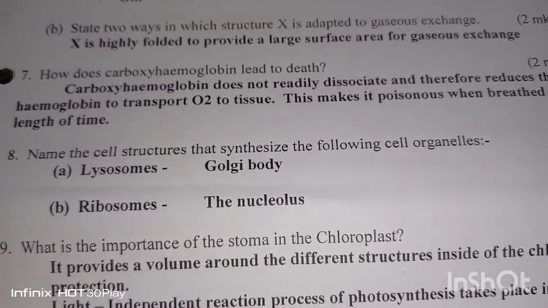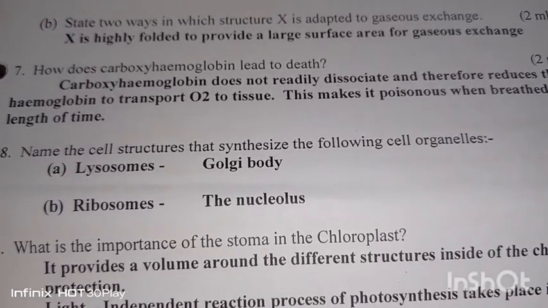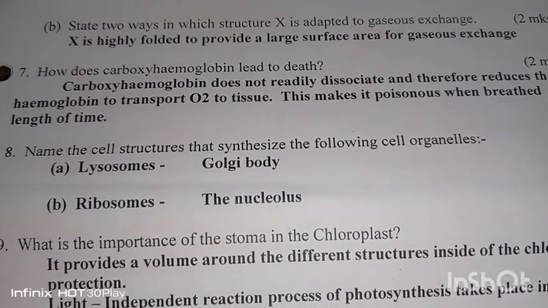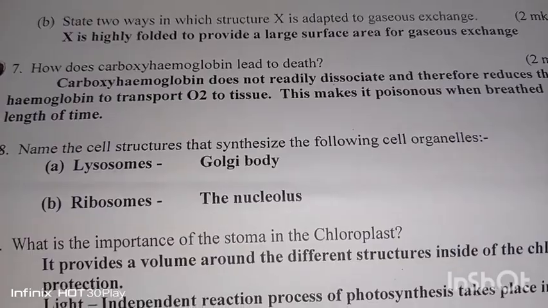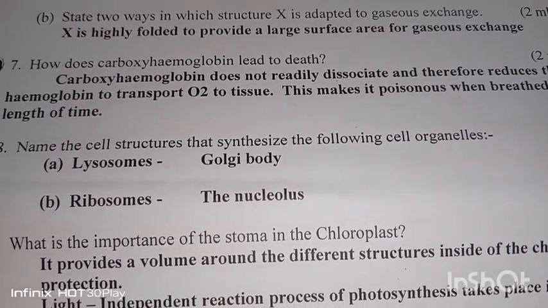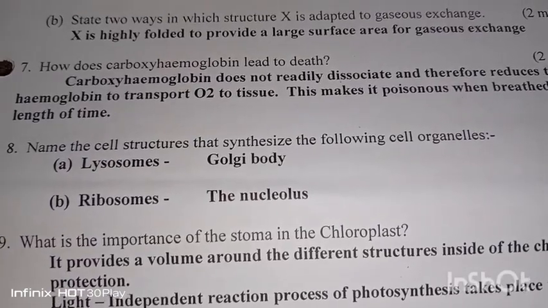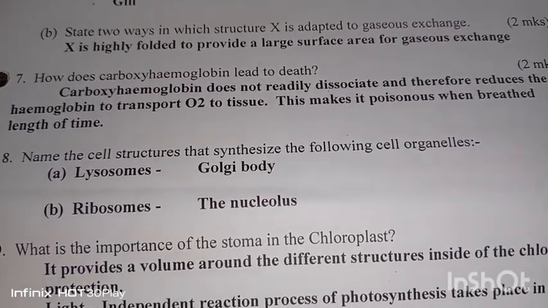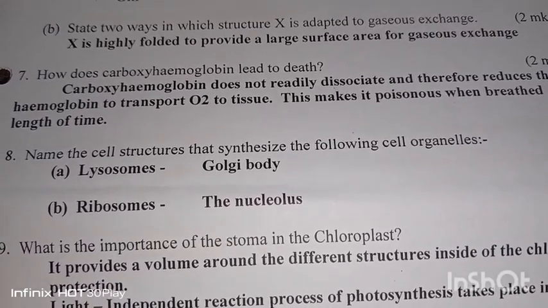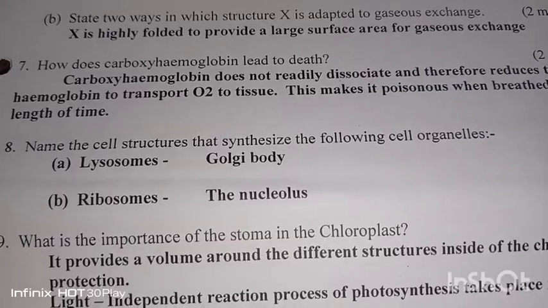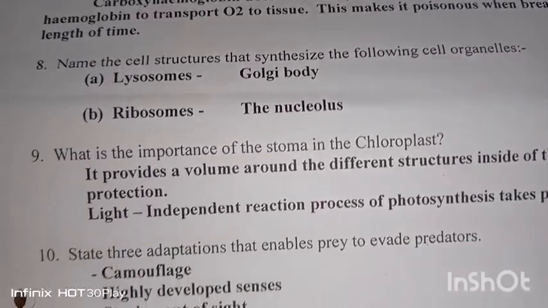So that makes transport of oxygen very inefficient, and that makes it poisonous because it does not leave the hemoglobin, and when you breathe it over a length of time, you get suffocated, and that is how you die. So it reduces the oxygen carrying capacity of the hemoglobin.